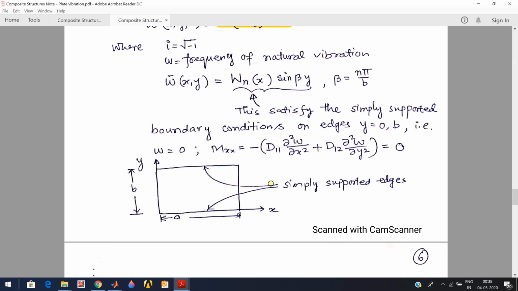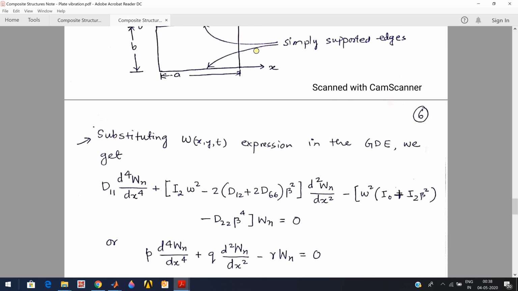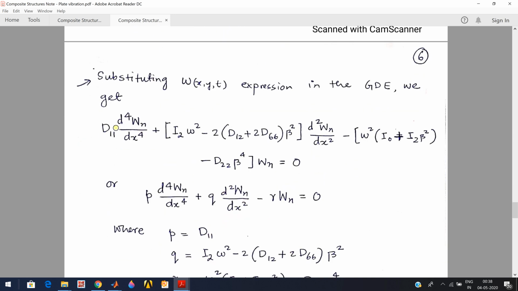Okay. Now if we put that assumed solution in the governing differential equation, which remains the same as it was in the Navier method, we get a linear ordinary differential equation.